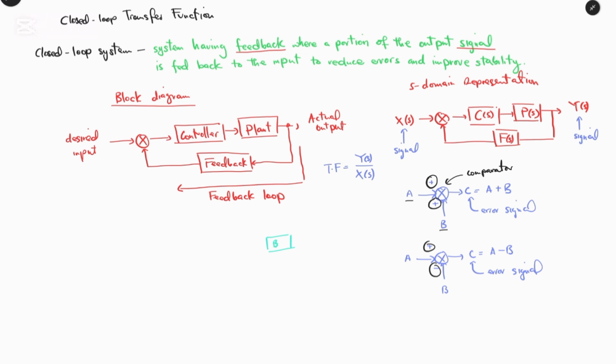For example, if we have B of S, and we have Y of S, and we have X of S as an input to the system. In that case, we use a product rule to determine the response such that Y of S is now equal to B of S times X of S, and B of S is nothing but the gain or the transfer function of the system, and X is the input signal.